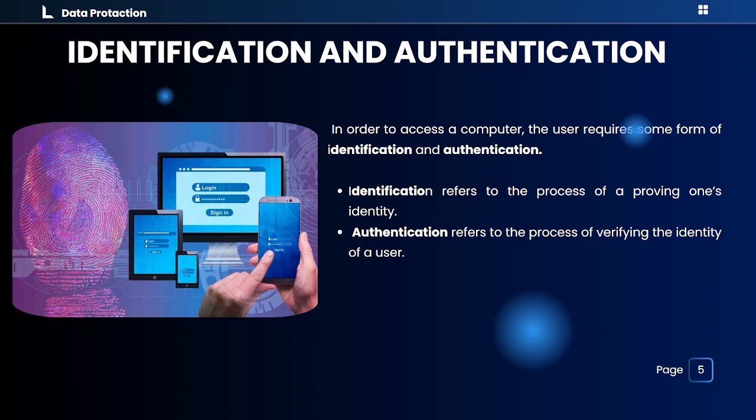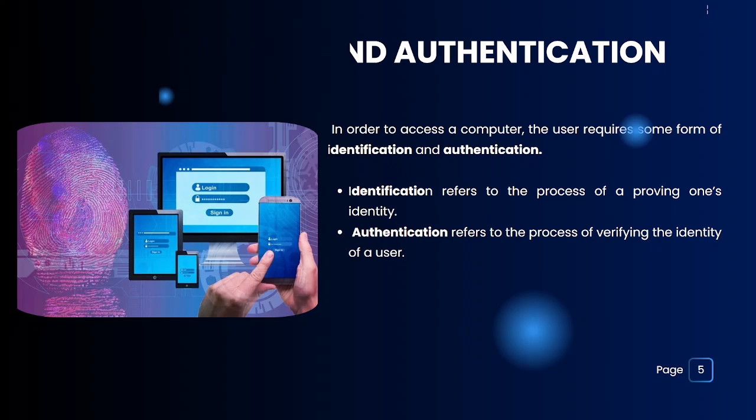For identification process, the computer system first verifies that the user has a valid user account. The process then requires a confirmation of validity by use of password. The computer maintains an internal list of valid user accounts and a corresponding set of access privileges for each account.